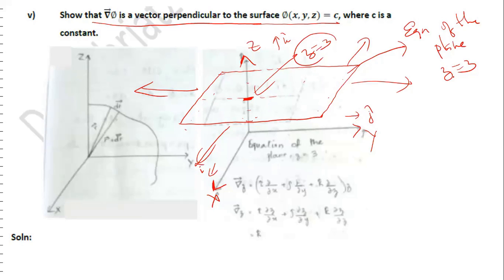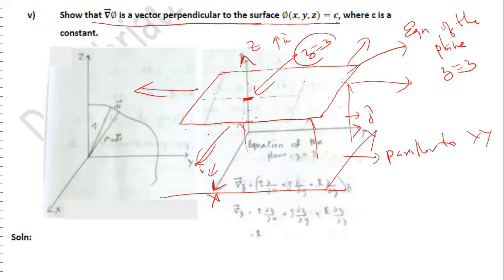Because we have a plane which is parallel to xy plane, right? So from xy plane, the height of that plane is always 3. So for every point on this plane, z value is always 3. So this is the equation that defines this infinite plane.